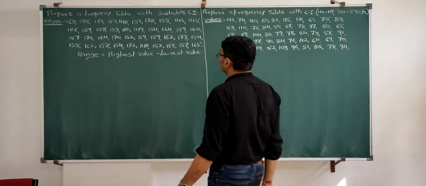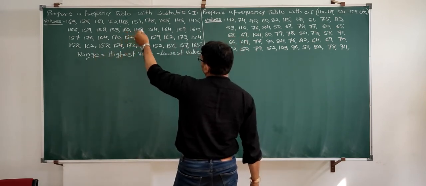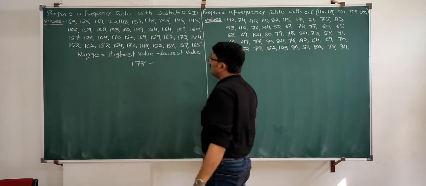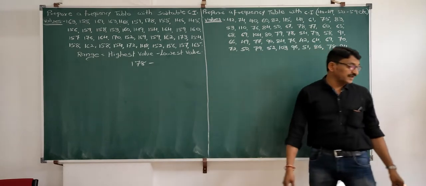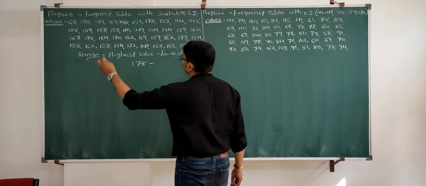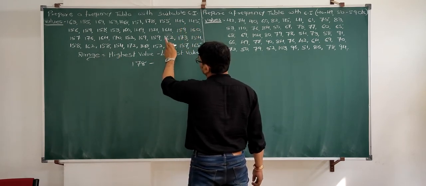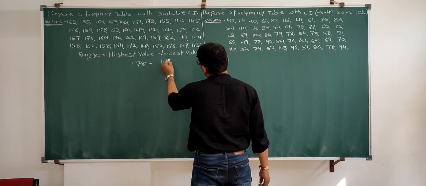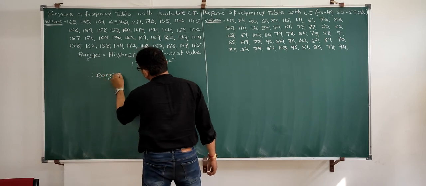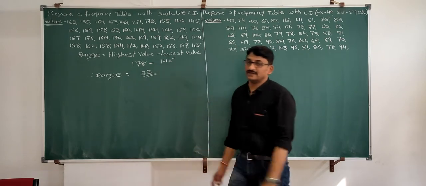The highest value is 178, minus the lowest value. Check the lowest value. The lowest value is 145. Therefore, my range value is 30.